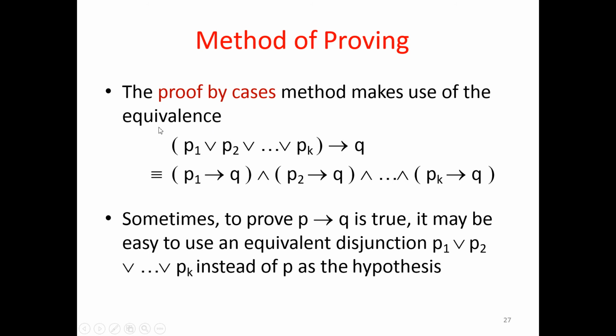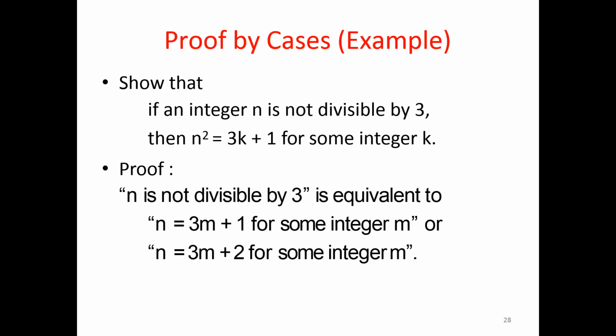So let's have a look at the method. This is the equivalence relation we'll follow to prove such questions. So let's have an example of proof by cases. The question here is: show that if an integer n is not divisible by 3, then n square is equal to 3k plus 1 for some integer k.